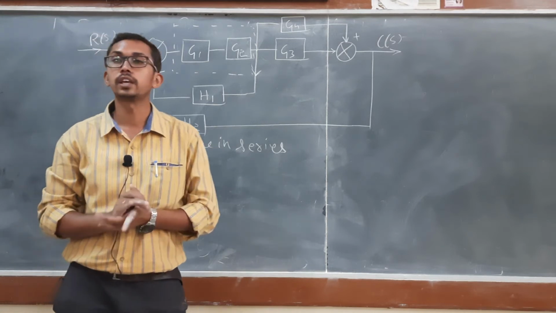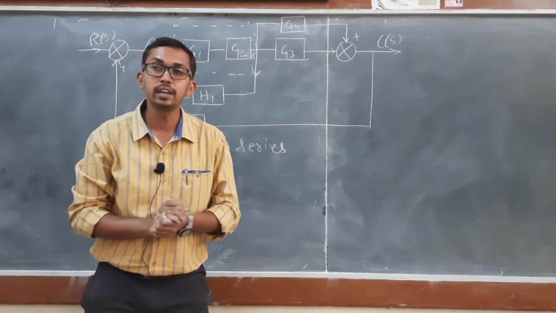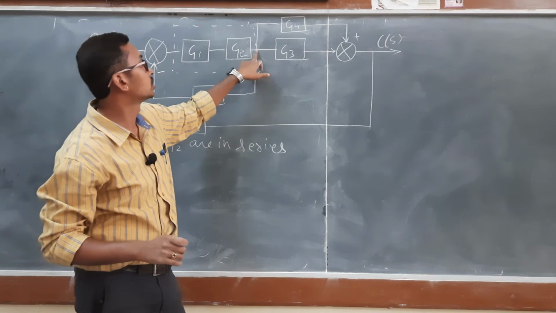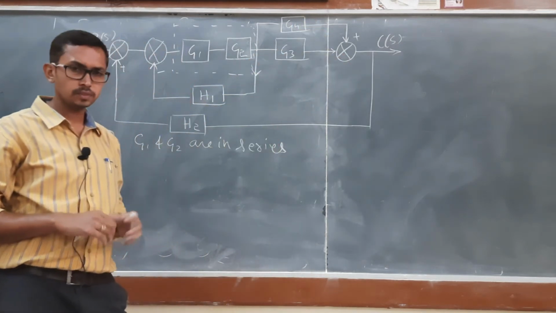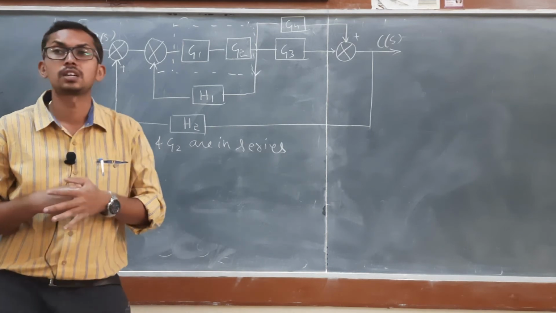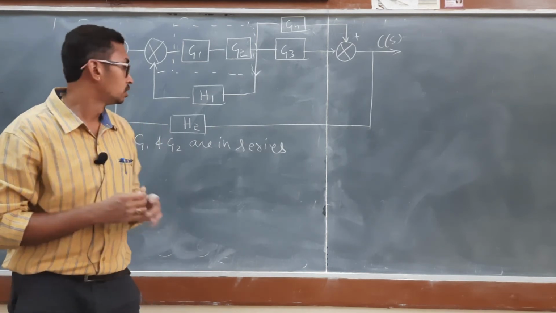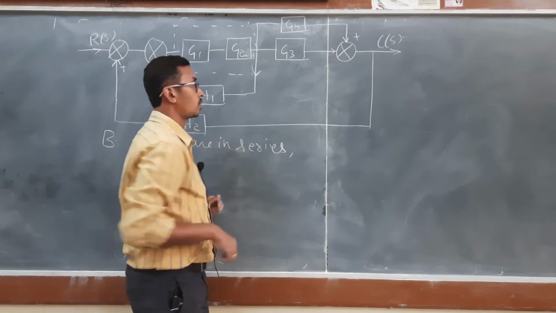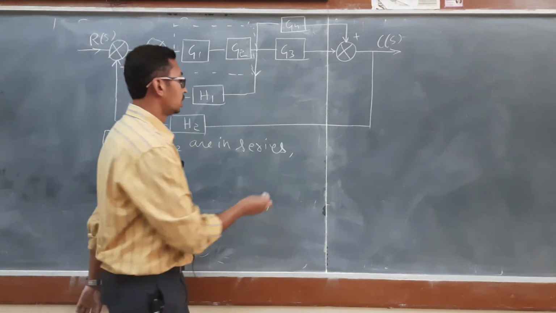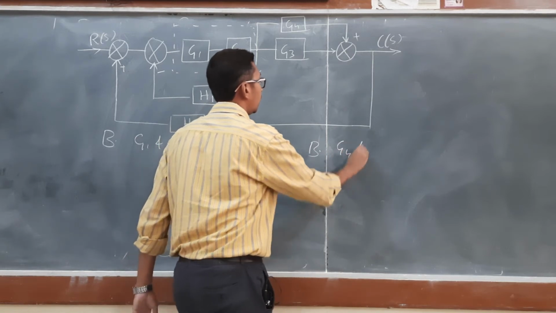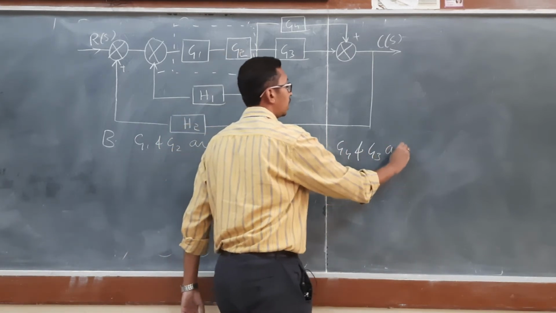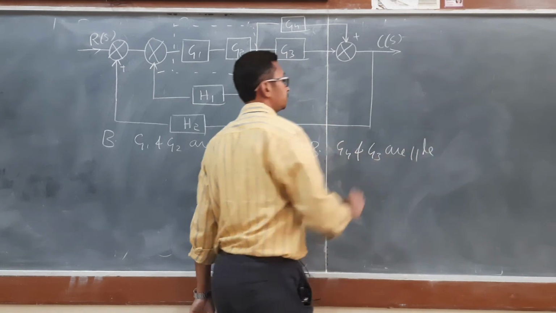Then only we can say the blocks are connected in parallel. And also we see here these two signals are ending at this summing point. So you need to write another sentence: Block G4 and G3 are parallel.